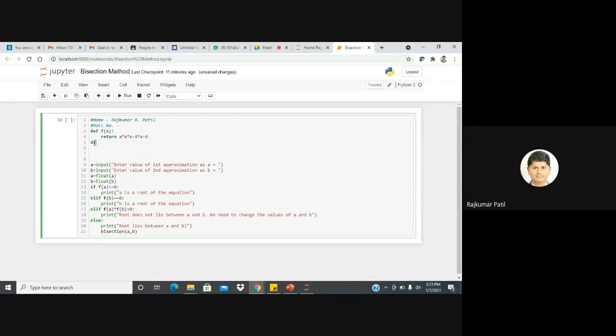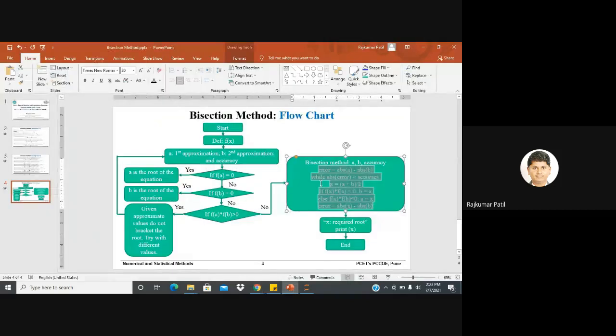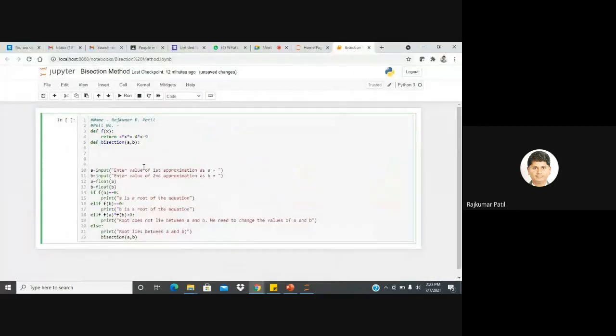We know that the syntax for defining a function is def, and here we write bisection, and it will use two values, a and b. Below that you can write the code for the same that you can see here. Okay, so we'll start writing one by one.